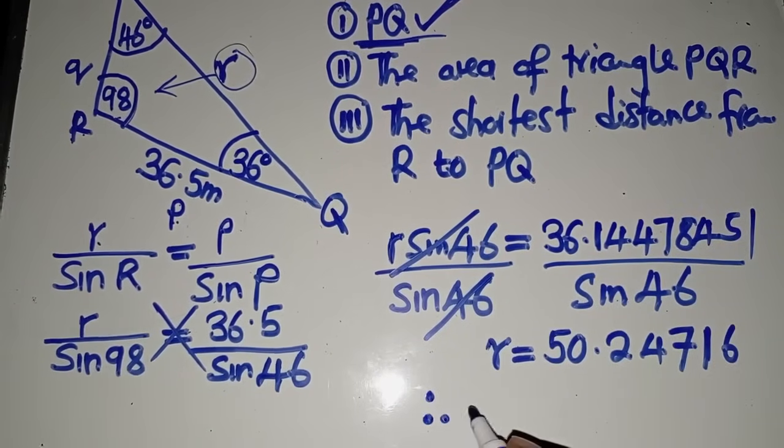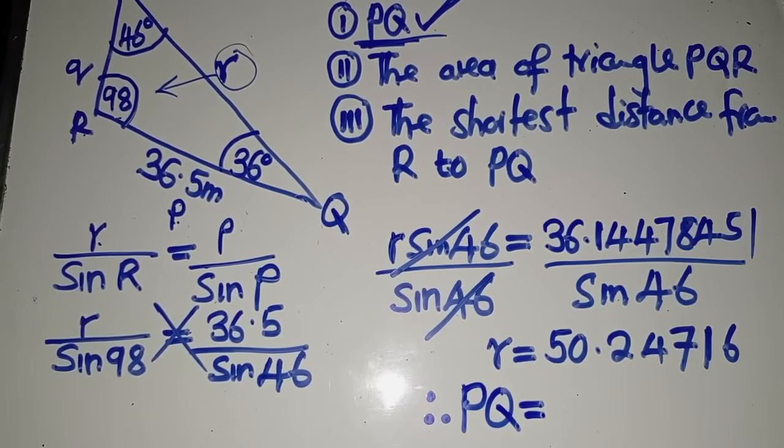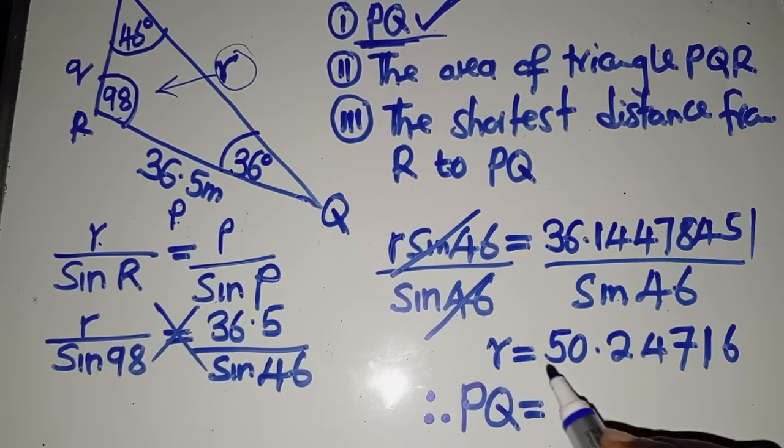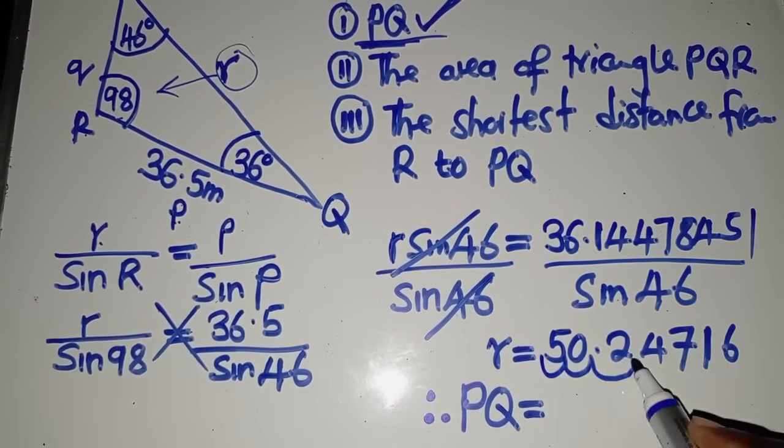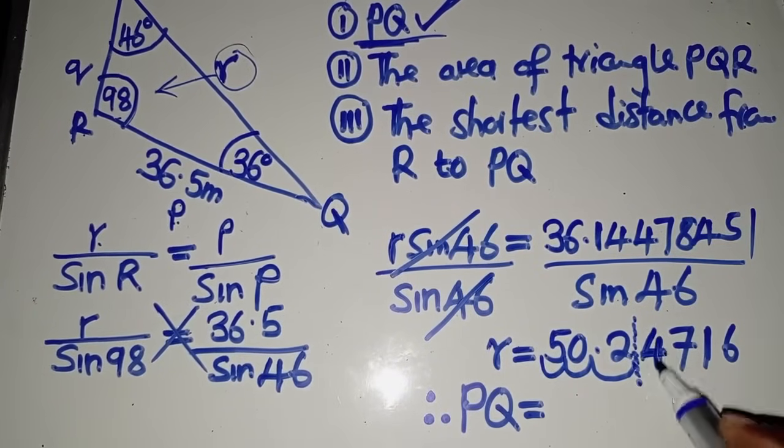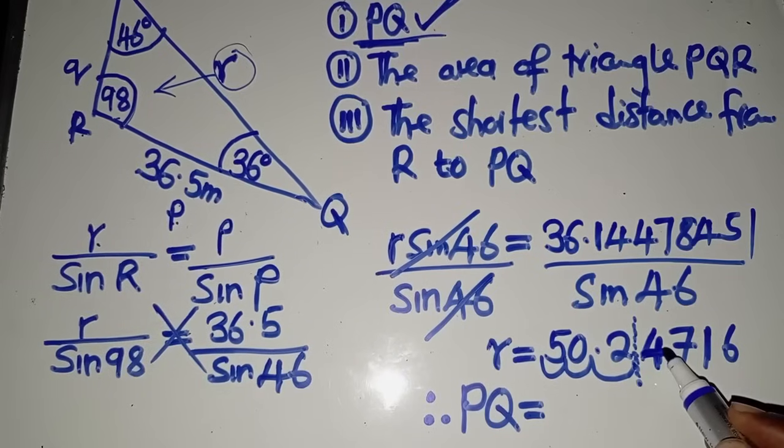Then I'll conclude and say, therefore PQ is equal to, I've been telling you that if the degrees of accuracy in a question are not specified, you put them to 3 significant figures. So we count 1, 2, 3. The boundary is here. So this number is 4, less than 5.